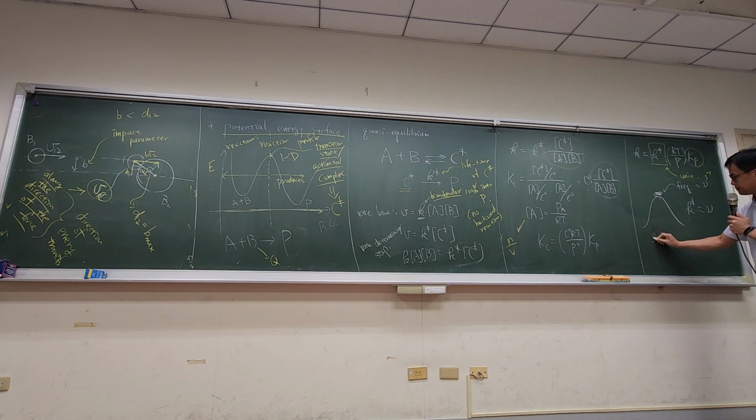So your rate now will be nu times RT over P0 times Kp.